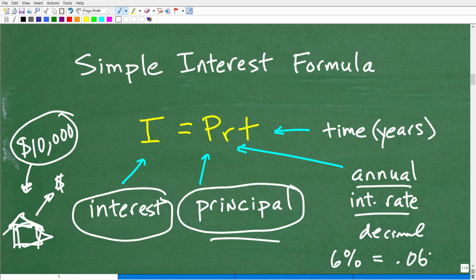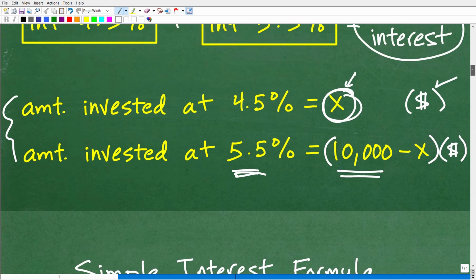How do you convert a percent to a decimal? You simply move the decimal point over 2 places to the left or divide by 100. And then lastly, we have T, which is time in years. So this is the simple interest formula, I equals PRT. And now, of course, you should be able to use this and everything else I laid out for you.